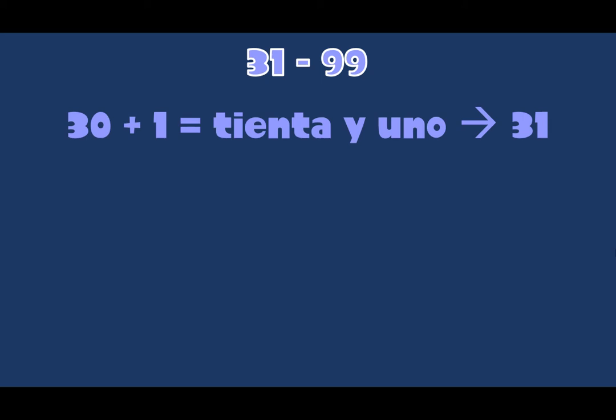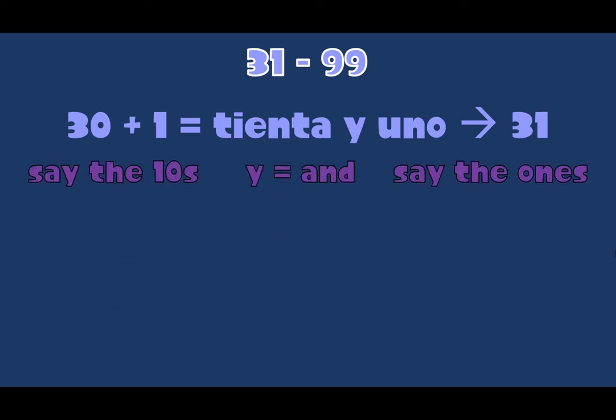We're going to say the tens of 30 plus the single digit 1. It will be 31. The Y equals and. Say the tens, the Y equals and, then say the ones. You need 3 words from 31 to 99 unless you're doing the base of 10.